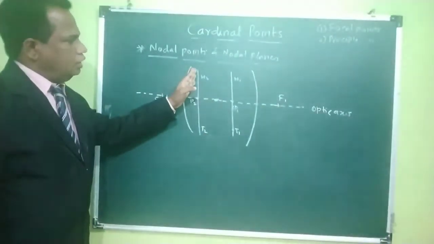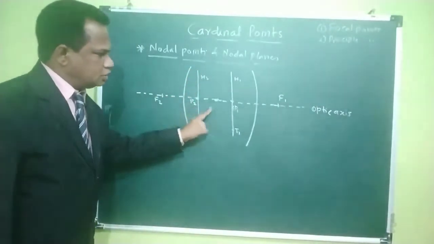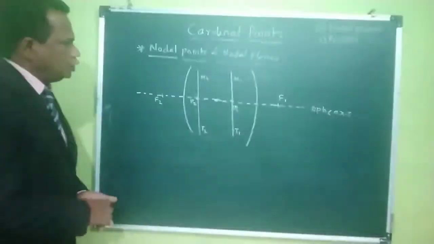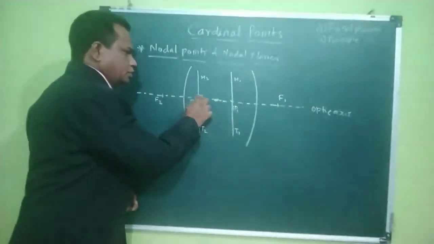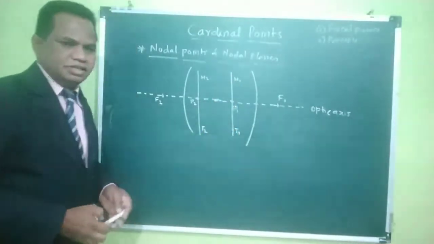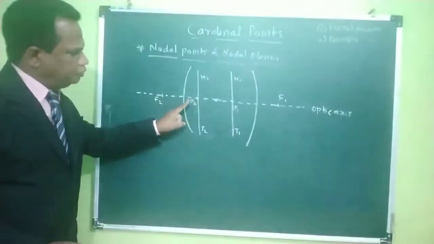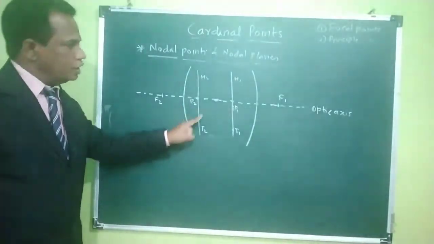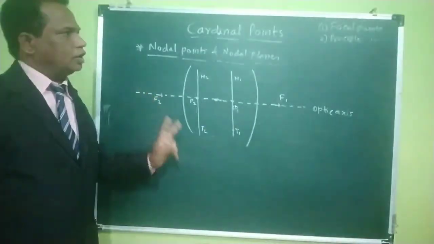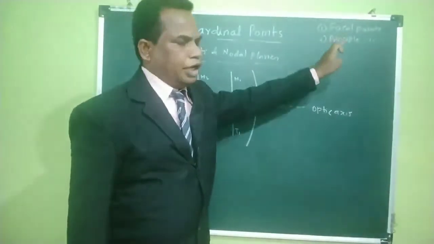Similarly, we have drawn the two principal points on either side of the center, and two planes which are perpendicular to this optic axis. This plane is named H2, P2, T2, and this is H1, P1, T1. These two planes are called the principal planes.